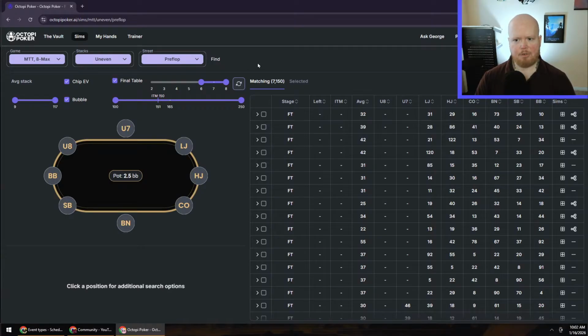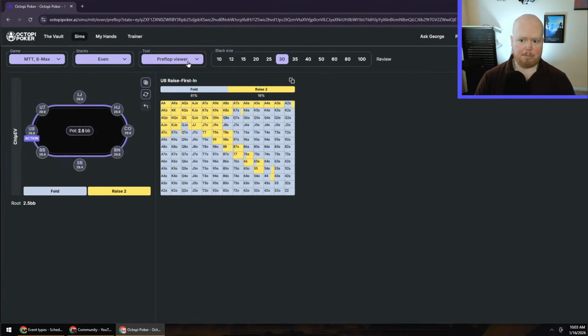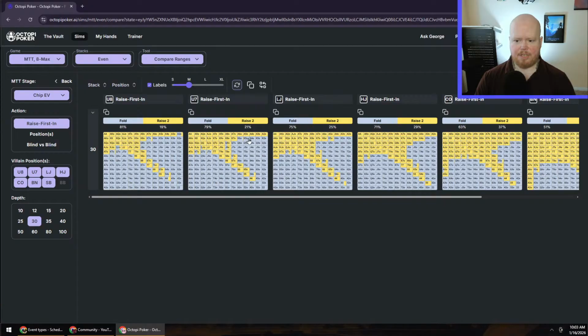I thought it'd be really interesting and useful to go through some examples of risk premiums in the early stages, comparing ChipEV and ICM, and really just starting to get a sense of what the major differences are, and at what point we should be applying each of the strategies. So I'm going to go straight to the compare ranges tab here.